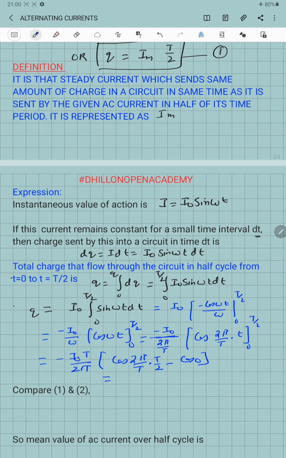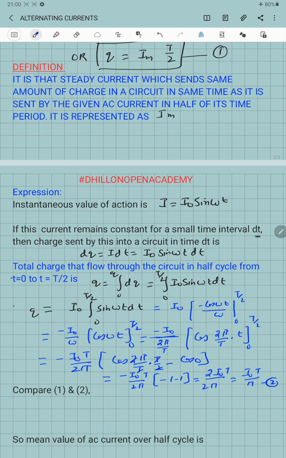This will be equal to minus I naught T over 2 pi into, T and 2 get cancelled, cos pi is minus 1, so minus 1 minus 1 equals minus 2, the minus signs cancel, which is equal to 2 I naught T over 2 pi, which is equal to I naught T over pi. We call this equation number 2.